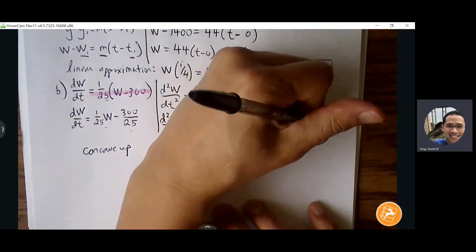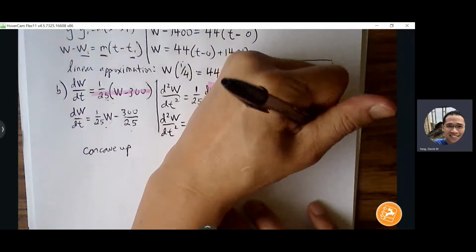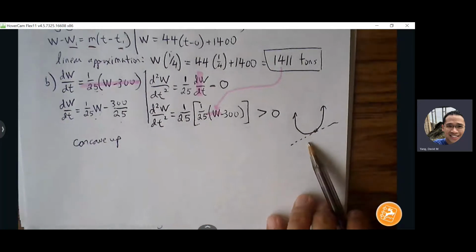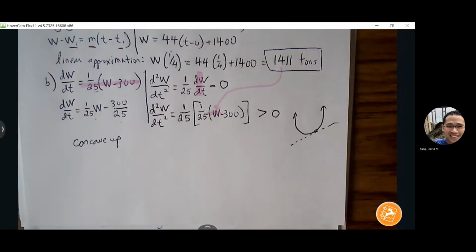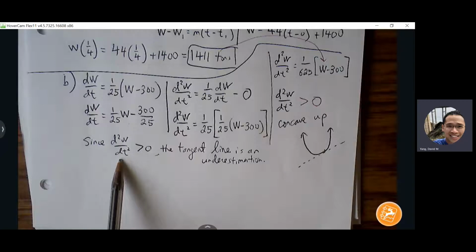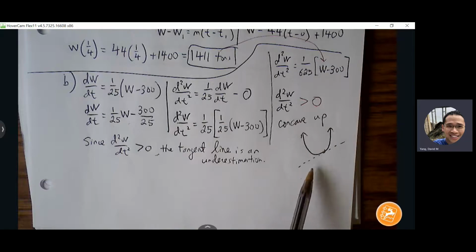Here's concave up. Any tangent line that I build is going to skim the surface of the curve. Is that tangent line going to sit above or below the curve? Below, so underestimate, right? Okay, so since our second derivative is a positive value, concave up means the tangent line is going to produce an underestimation.